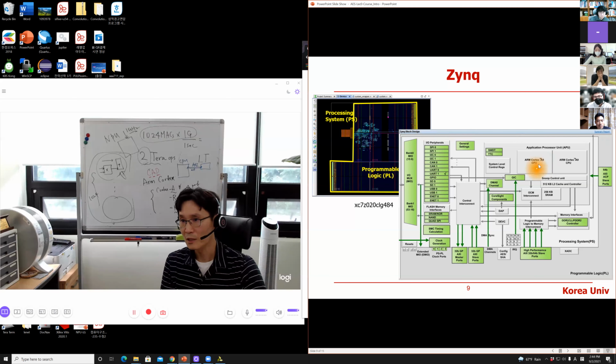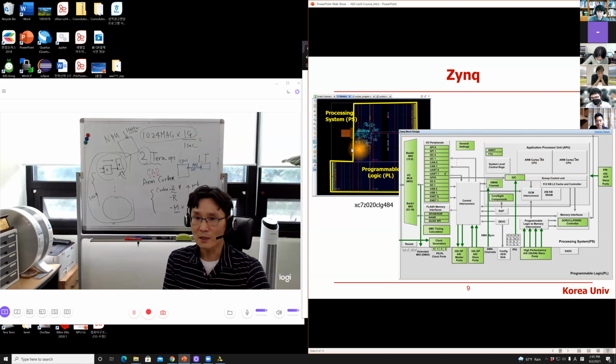It is fused. And this is a block diagram. If you look at this, there are two Cortex-A9 CPUs. You have L1 and L2 caches, and many different I/O devices. So this PS alone is actually a complete computer system. It is an SoC, system on chip, because it has CPU.